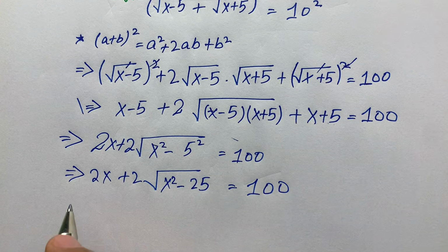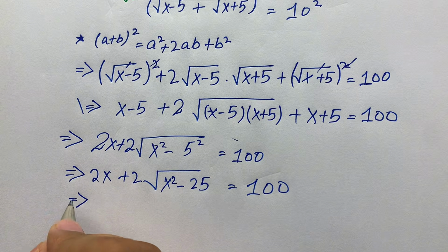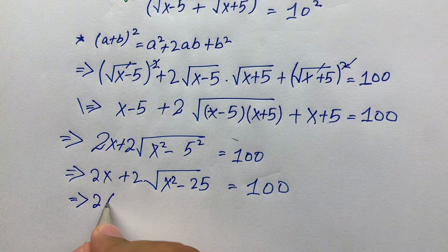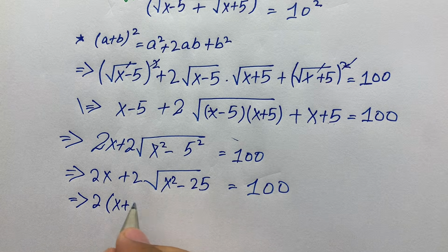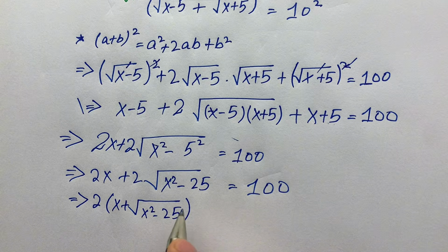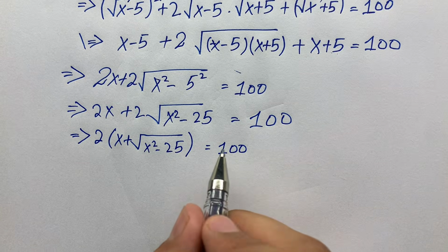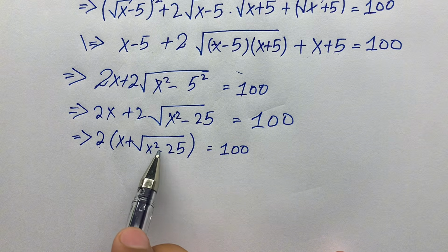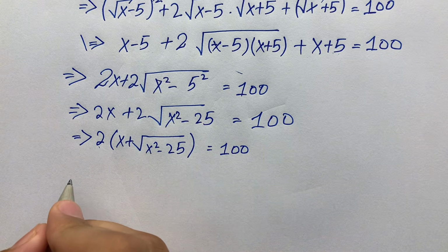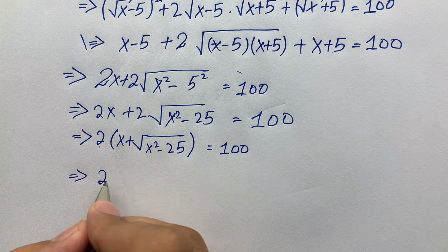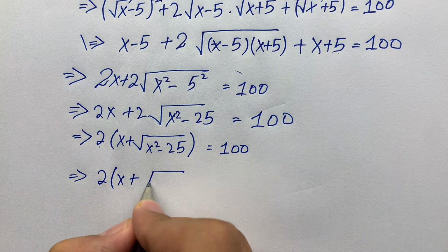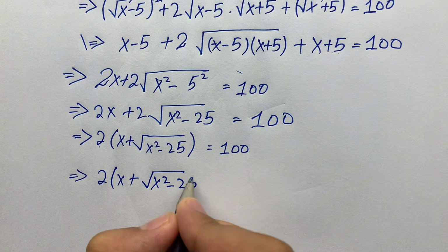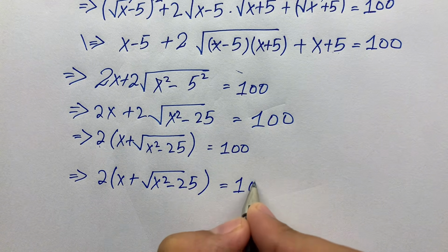In the next step, we take 2 common: 2(x + √(x² − 25)) = 100.